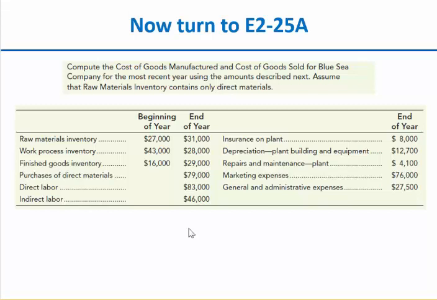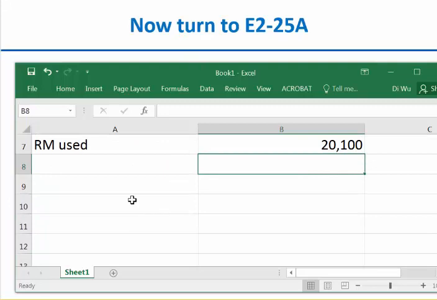I'm still going to use an Excel worksheet to show you the calculation, and later you can reconcile the calculations in the slides with my Excel worksheet to have a better understanding of this calculation process.